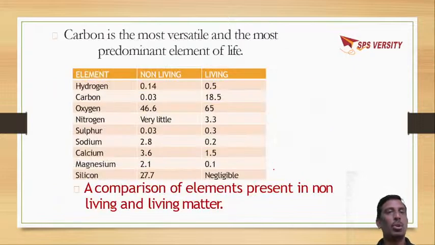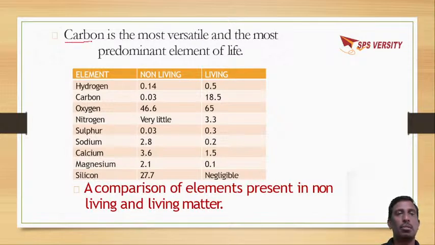So when you come to biomolecules, one of the most important components is carbon. It is the most predominant element of life, which constitutes roughly 18.5% in living organisms. Whereas other components present are hydrogen, oxygen, nitrogen, sulfur, sodium, calcium, magnesium.